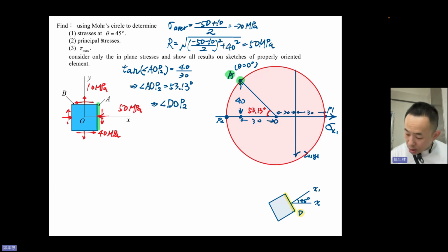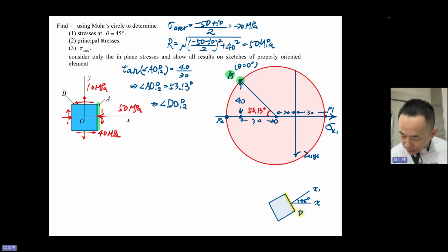Then we're going to get stresses at 45 degrees, and we just need to see the point. You see this rotates counterclockwise 45 degrees in the real world. How much do we rotate in the circle world? 90 degrees, right? 90 degrees counterclockwise.